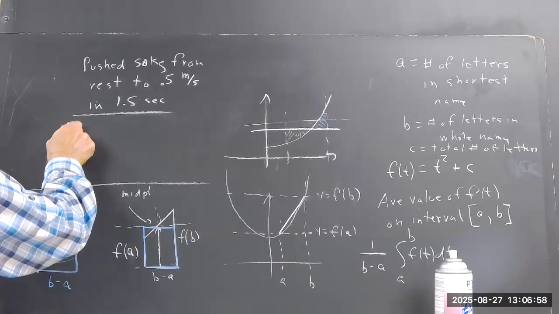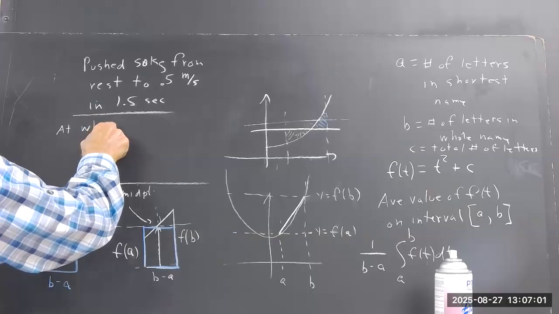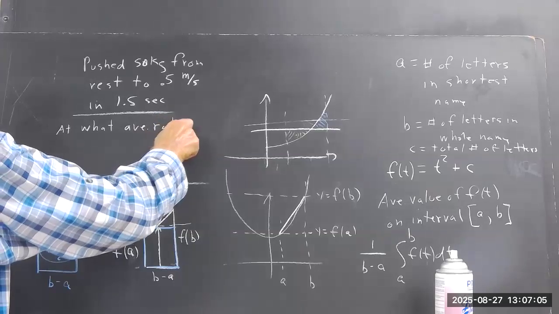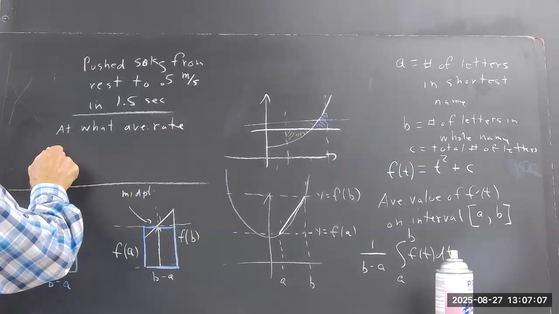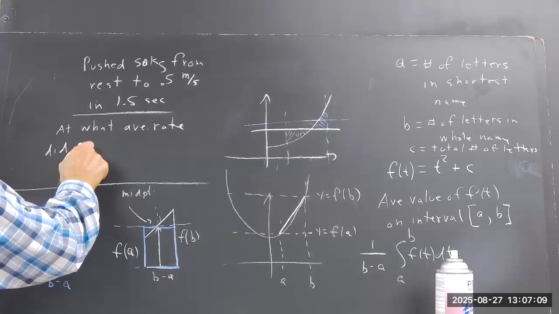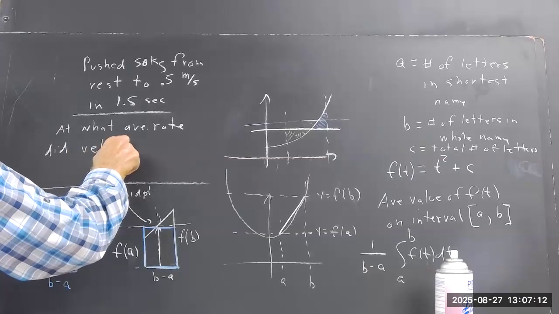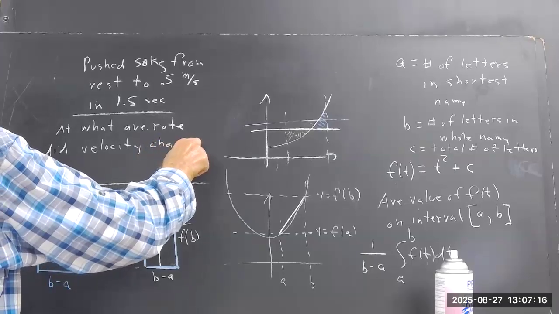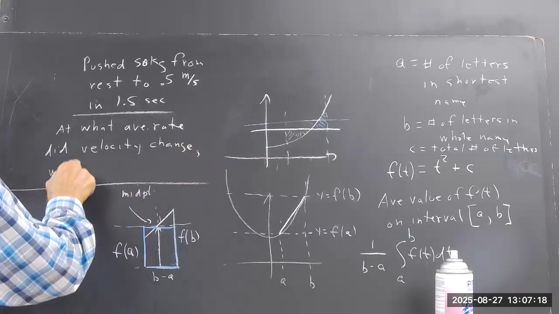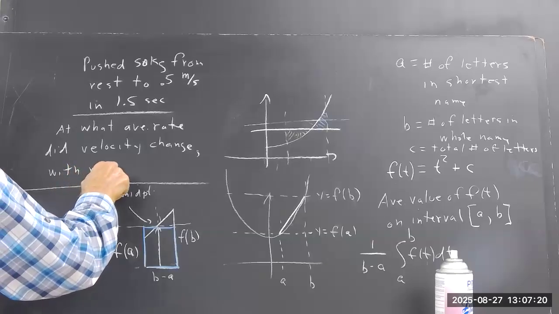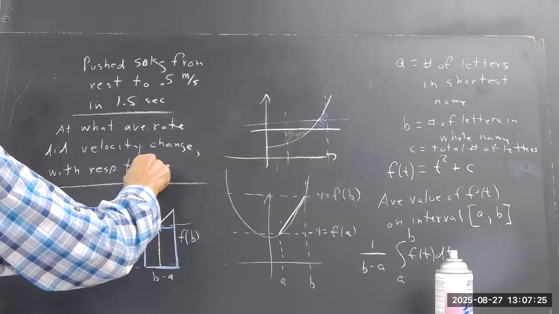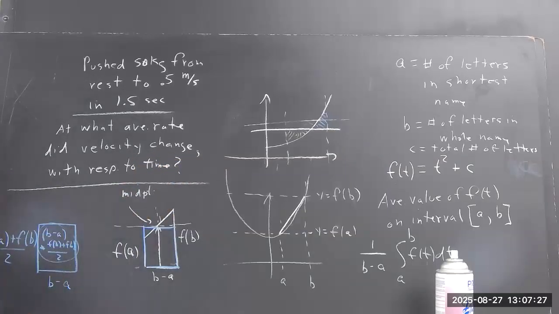At what average rate did velocity change with respect to time?